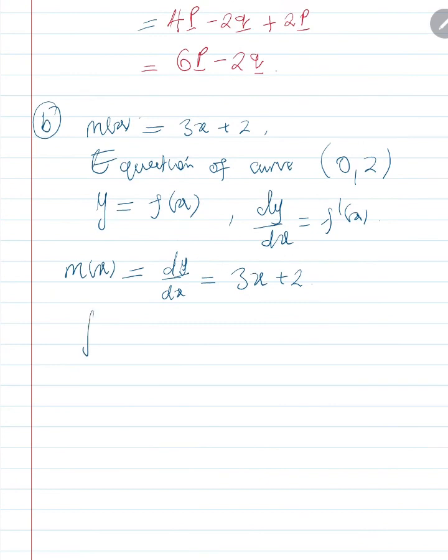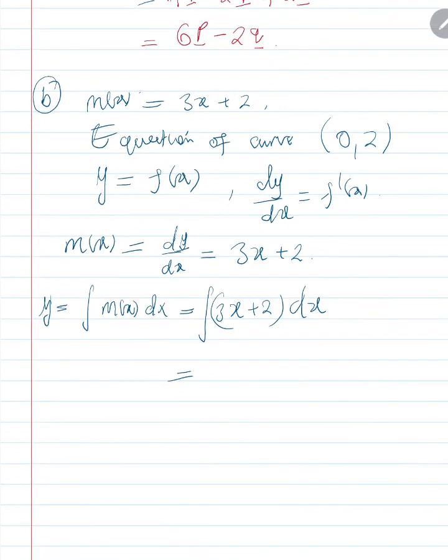So y is equal to the integral of m(x) with respect to x, which is the integral of 3x plus 2 with respect to x. Remember, the integral is linear, meaning that you can distribute the integral throughout. So I will factor out 3 and integrate x with respect to x, then plus 2 times the integral of dx.